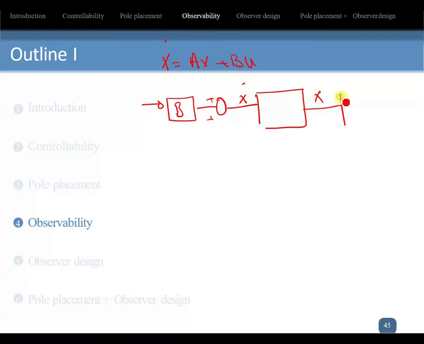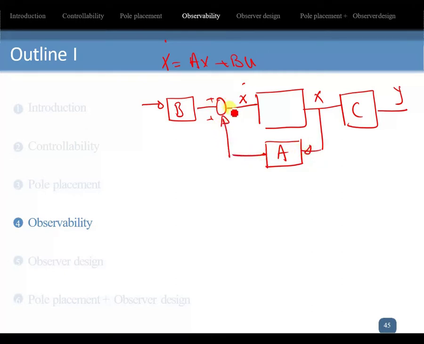Here you have the matrix C, and you go to the output. Here x is multiplied by the matrix A. The sum of this will be my x dot, because it is Ax plus Bu, and y equal to Cx becomes the output of my system. This is my system.